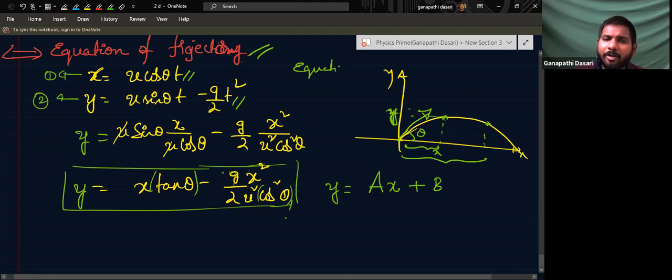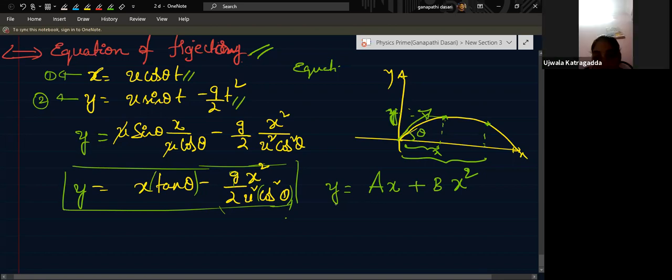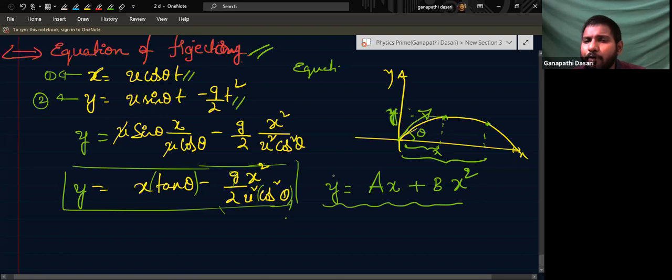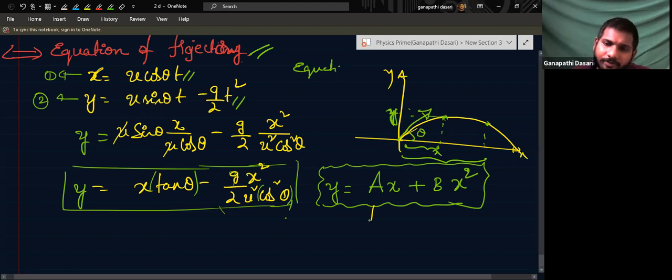Plus or minus, it's okay, depending on how you define the constant. This b can be defined as minus g by 2 u square cos square theta, or b can be defined as g by 2 u square cos square theta. If b is defined as g by 2 u square cos square theta, then a minus should be written. Yes, sir. That means if you find a mathematical equation of this sort, it actually represents a parabola.